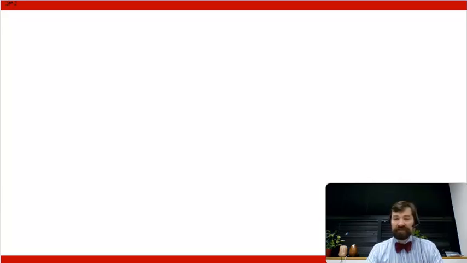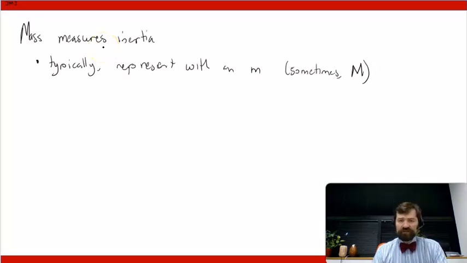So there's that word mass. What is the mass of an object? Well, mass is basically a measurement of inertia. Typically, when we're writing equations, we represent mass with a lowercase m. Sometimes we use an uppercase M, but usually it's a lowercase m. The units are in kilograms. So the SI MKS unit is the kilogram, and we represent that as kg, lowercase k, lowercase g.